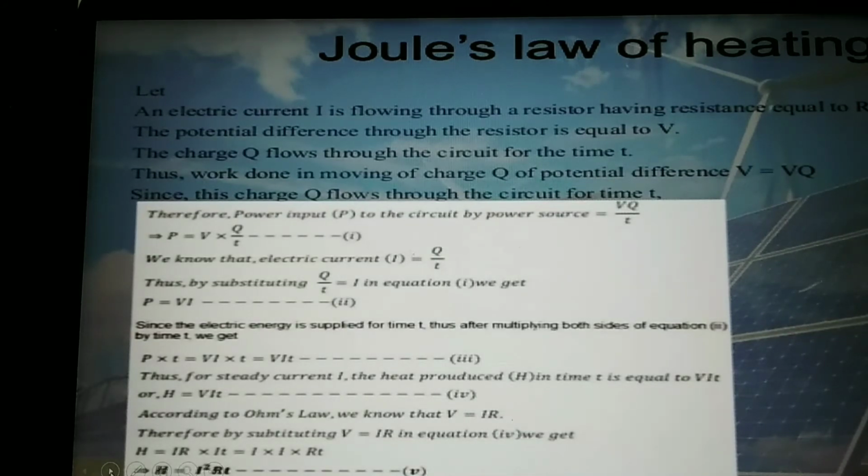Thus, for steady current I, the heat produced H in time t is equal to VIt. H equals VIt. According to Ohm's law, we know that V equals IR. Therefore, by substituting V equals IR in equation 4, we get H equals I squared Rt.